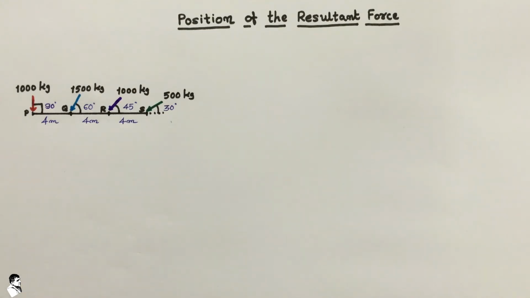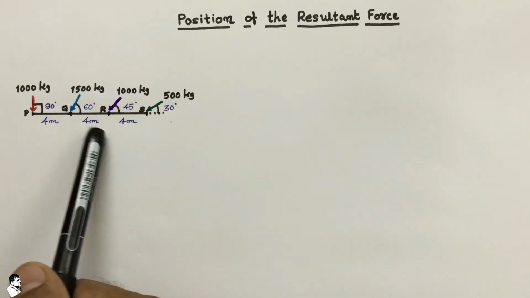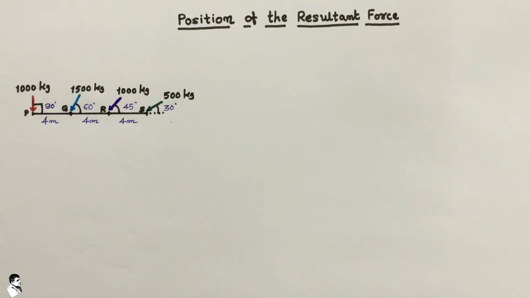Now with this system of forces, we have to find the actual magnitude of the resultant, its direction, and where it is actually lying. That is the important task of the solution of this example.